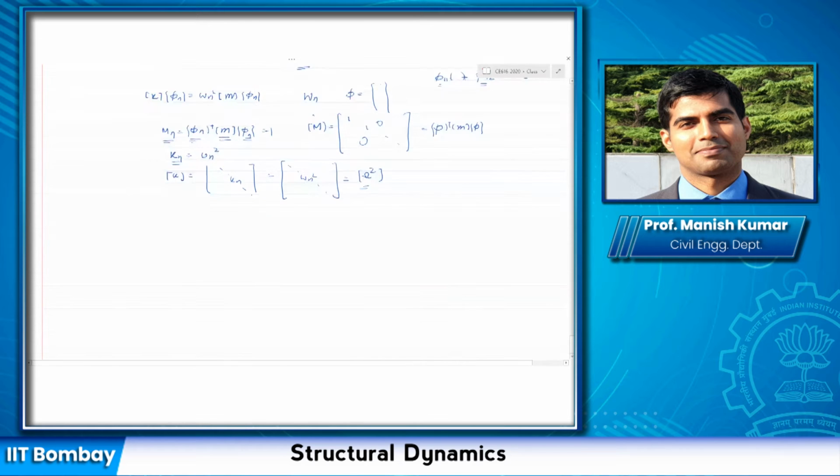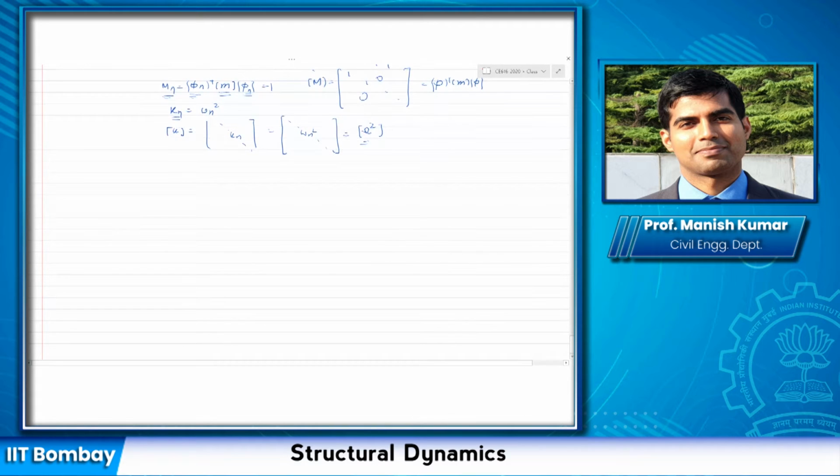Okay. All right. Once that is there, now let us go ahead and see how we write down the total displacement as a sum of different mode shapes. Let us say I have the total displacement.